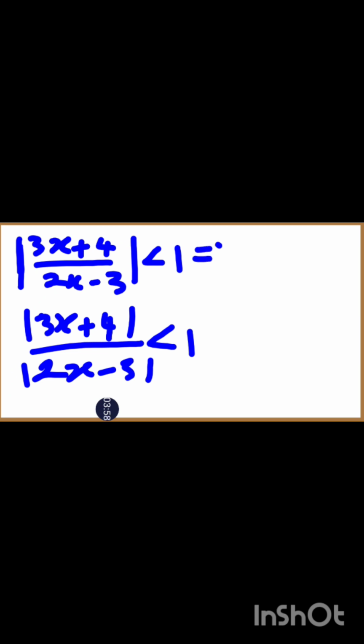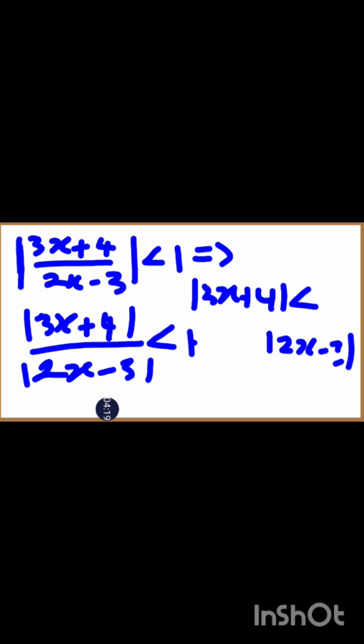That said, this implies the absolute value of 3x plus 4 is less than the absolute value of 2x minus 3. You can multiply, and take note you are multiplying by this because you know that the absolute value is always positive, and thereby you know the sign of the number.